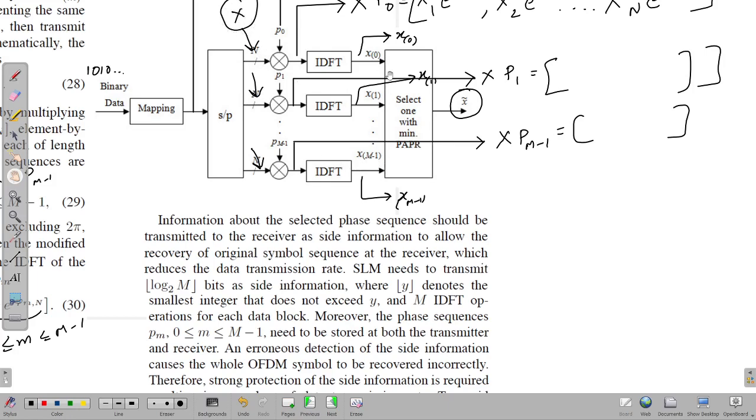In the receiver you can do an inverse of this phase sequence, but how does the receiver know with which sequence x got multiplied, out of P0, P1 up to P m minus 1, the m different phase sequences?